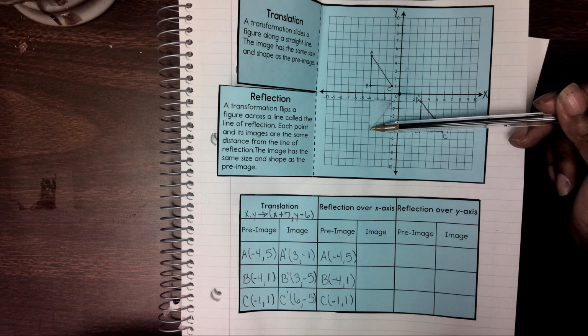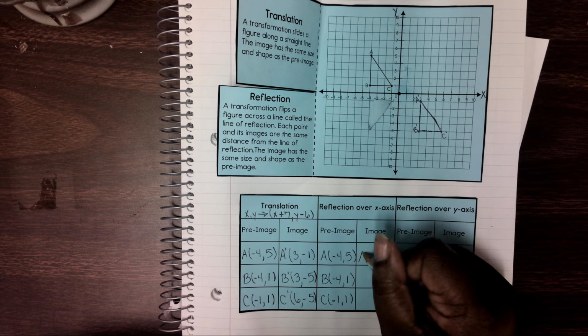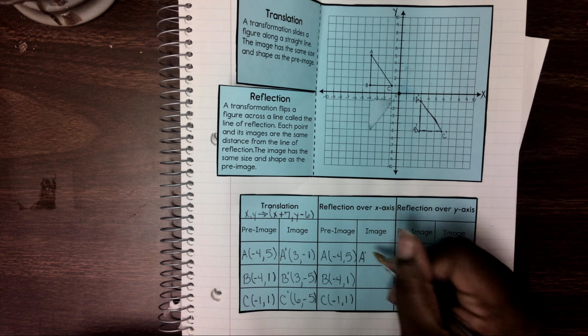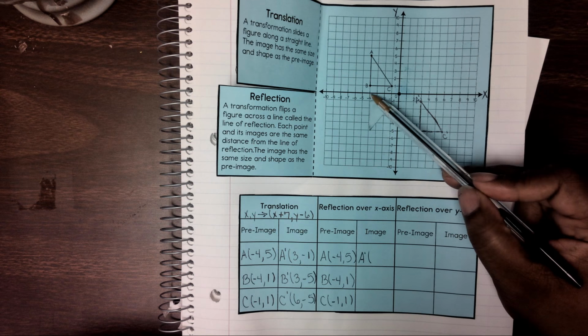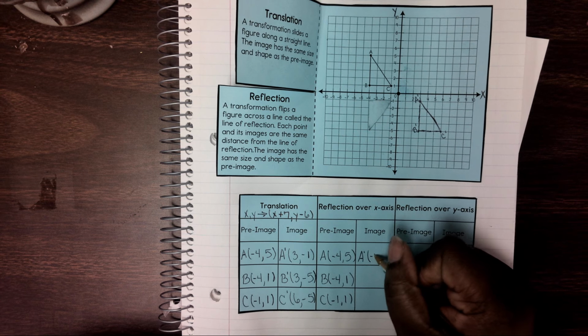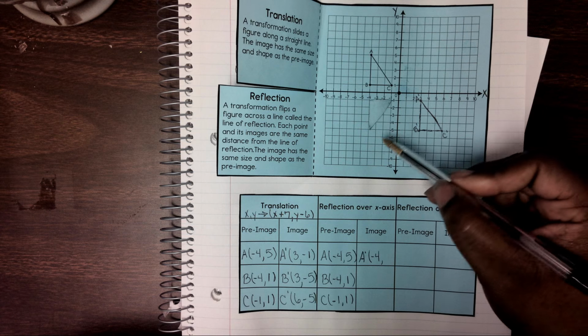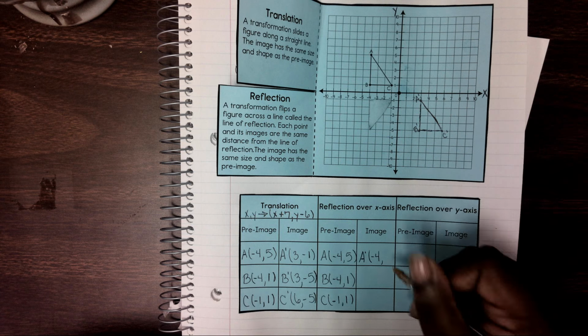Our point A is here. So A prime, new location, is -4, comma, -5.